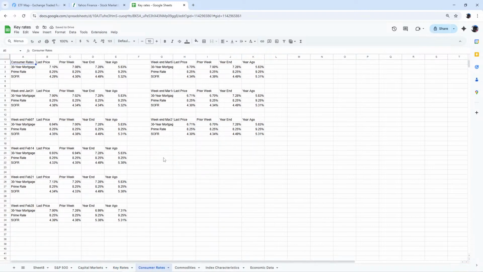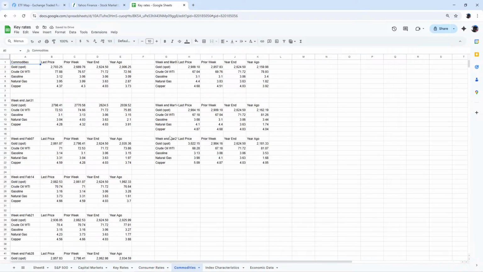Consumer rates. And scroll down over here. Okay. Commodities.